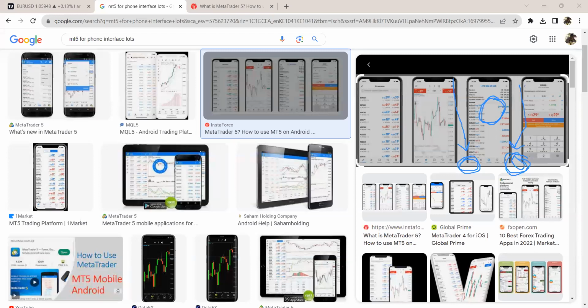For instance, if you have anything less than $25, the lot size you're supposed to use should be 0.01.